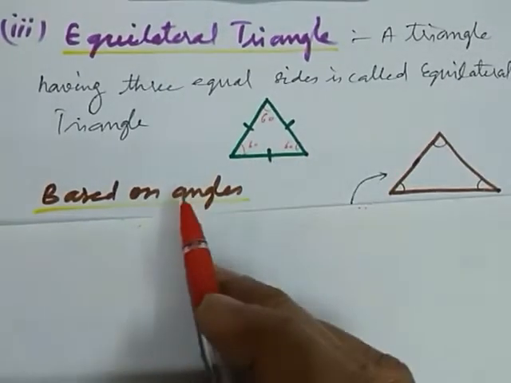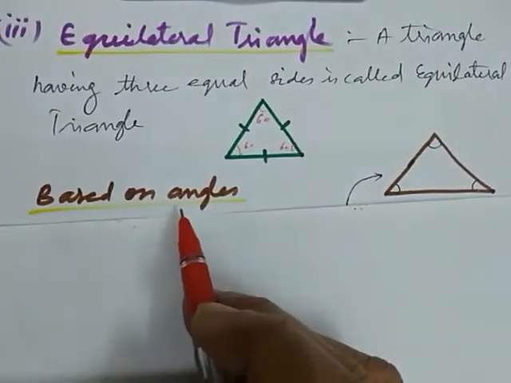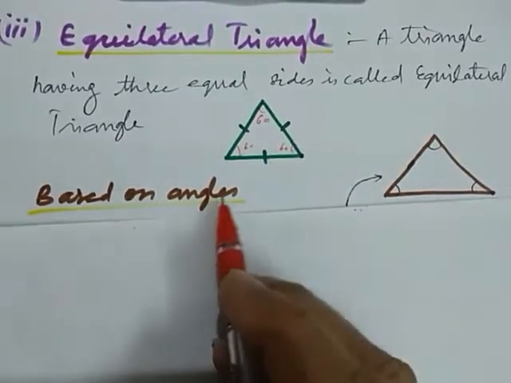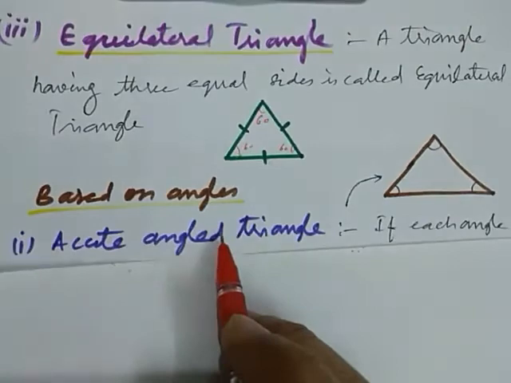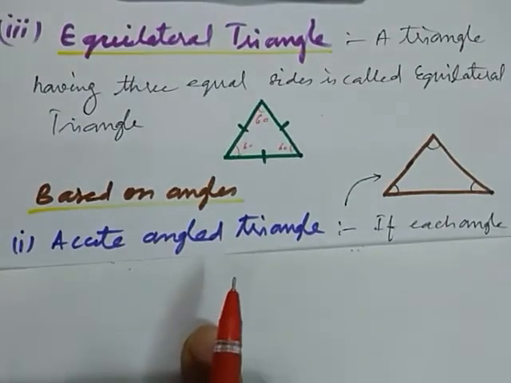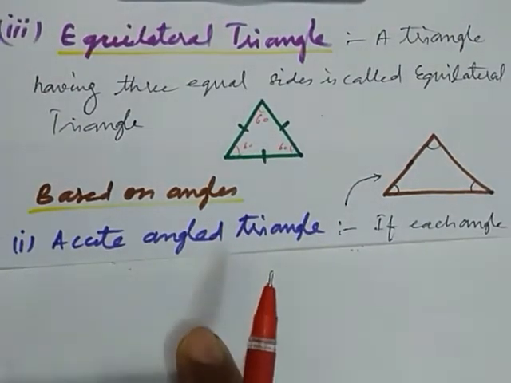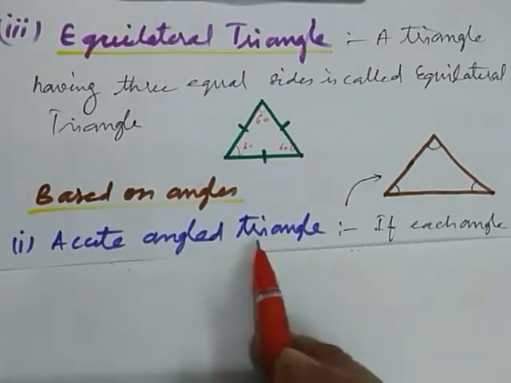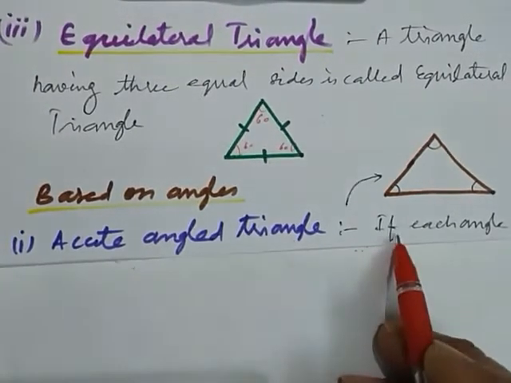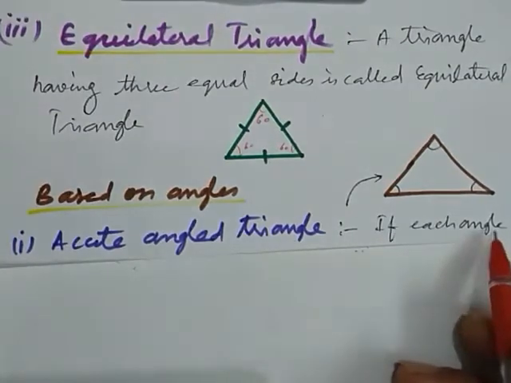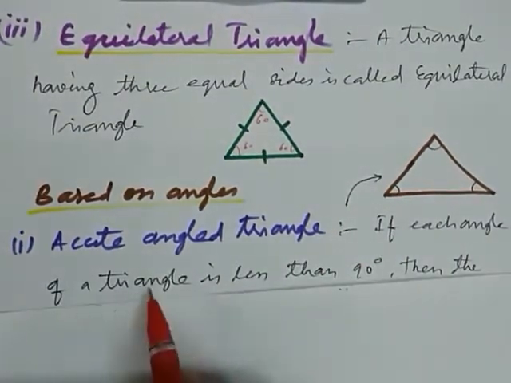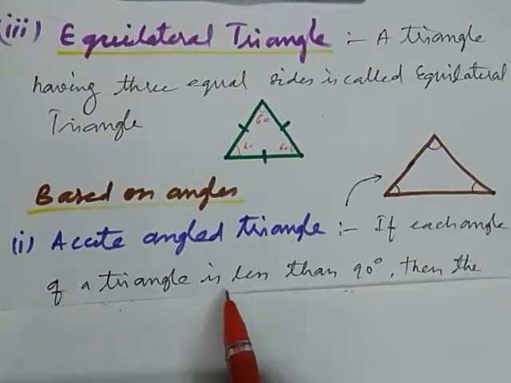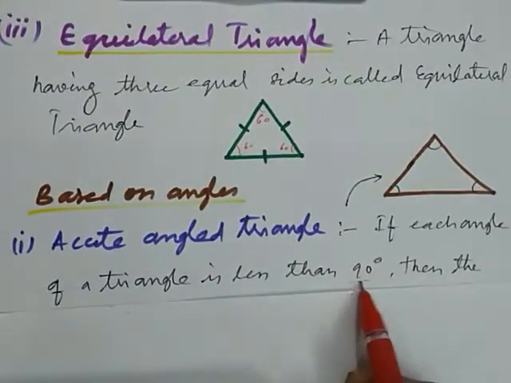Now we classify the triangle based on angles. Okay. This way we can also classify the triangle. Now, acute angled triangle. If each angle of a triangle is less than 90 degrees.